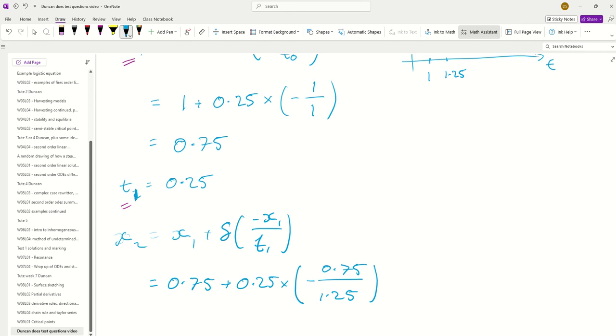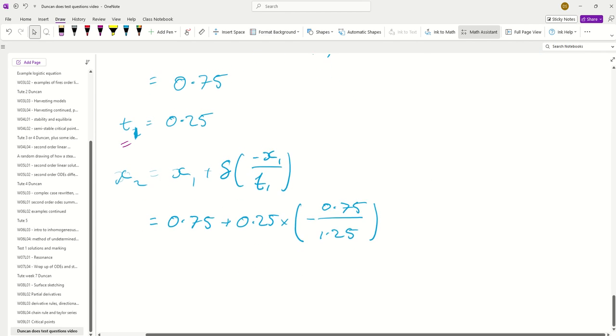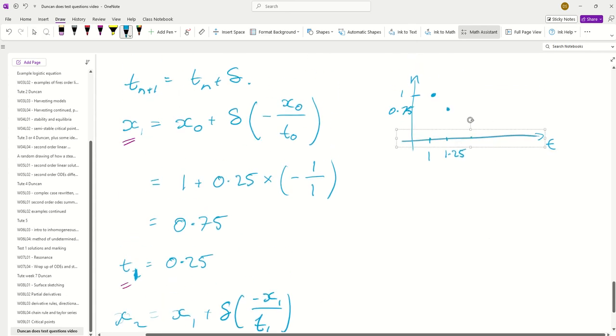I'm just going to do it off screen. So 0.75 divided by 1.25 is 0.6. I should have been able to work that out. Times 1/4, that's 0.15. So I've got 0.75 minus 0.15, which is 0.6. Okay, and the corresponding t2, that's obviously 1.5. So 1.5, and I'm now down at 0.6. Right, so I've got 2 more points to go.